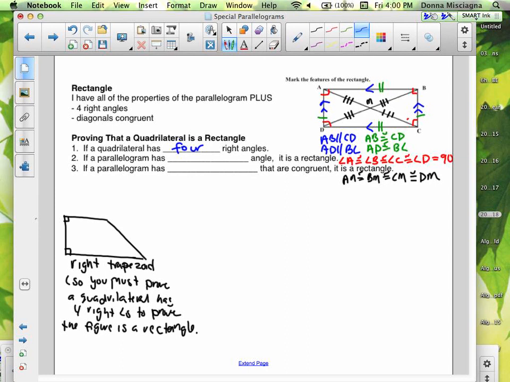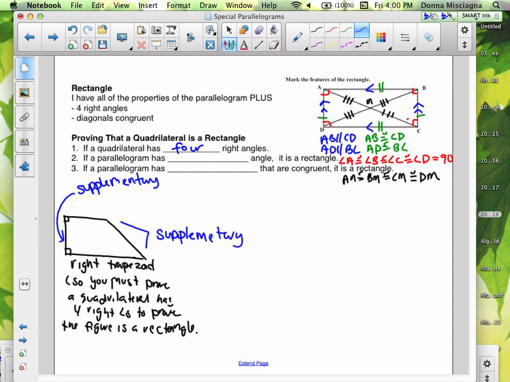Right? So in a trapezoid, these angles and the angles on the other side over here, I'll put a little arrow, those are always supplementary. So our right angles always occur in pairs with the trapezoid. And of course the trapezoid is not a kind of parallelogram.